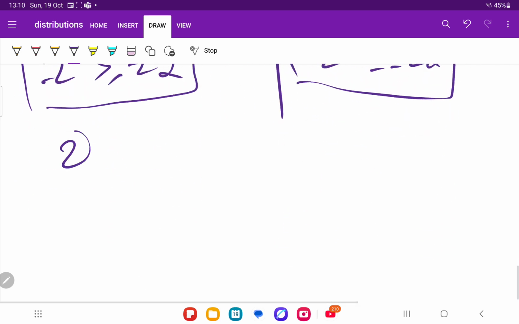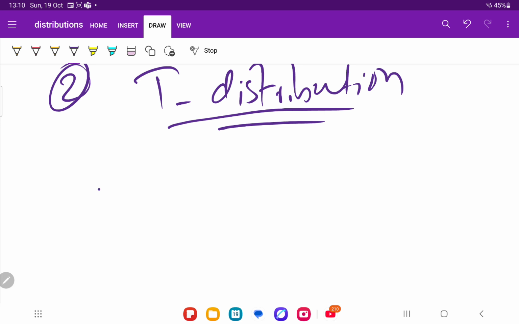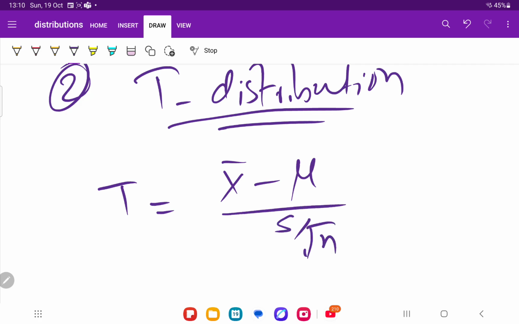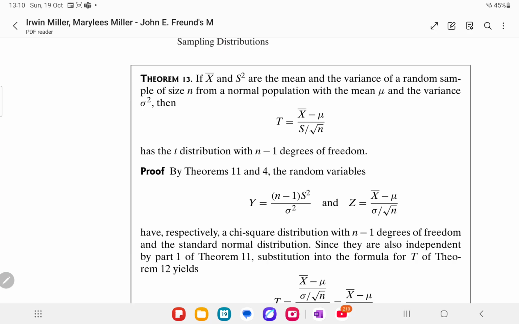The second distribution is the t distribution, and t is x bar minus mean over s over square root of n. Okay, so that is the formula.